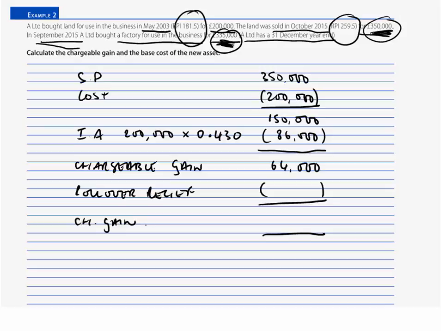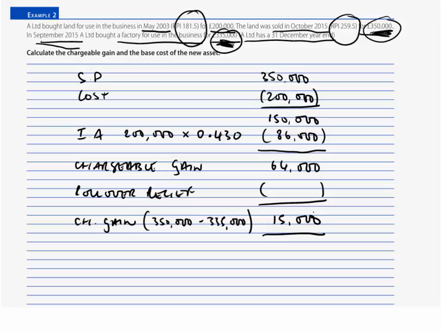Having sold for £350,000, we've bought for only £335,000, and that therefore leaves £15,000 remaining chargeable.